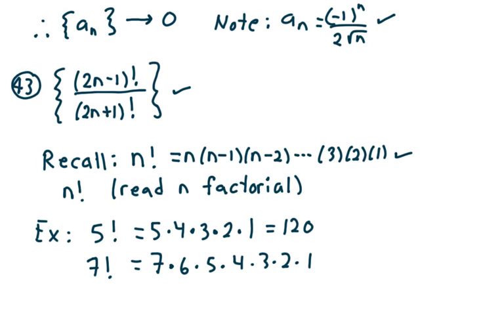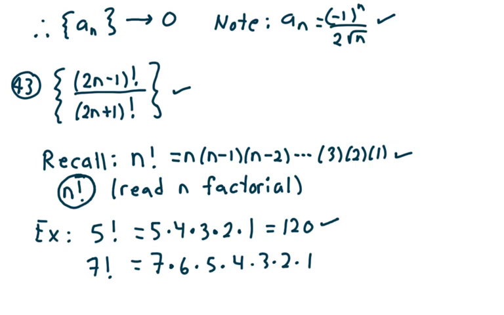And remember, n factorial, this is read n factorial. For example, 5 factorial is equal to 5 times 4 times 3 times 2 times 1. And that's 120. And you can think of that as there are 120 ways to arrange 5 people for a photograph.